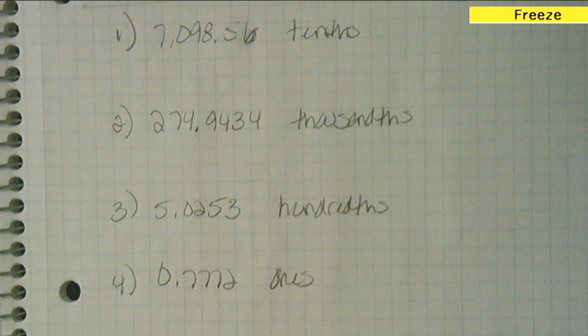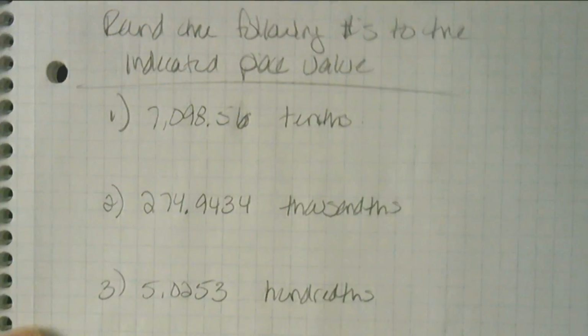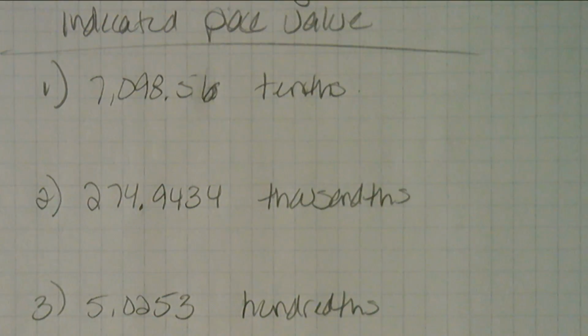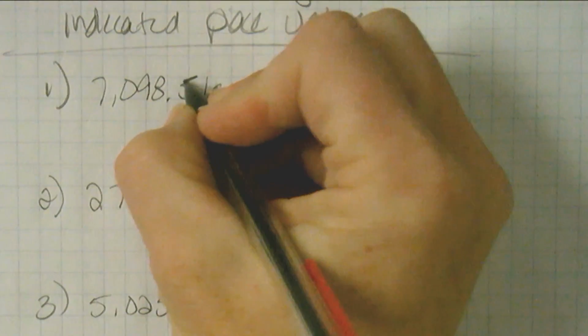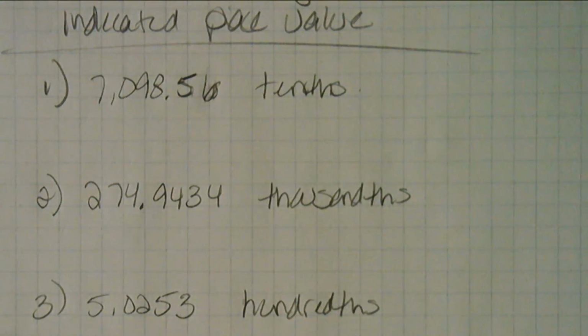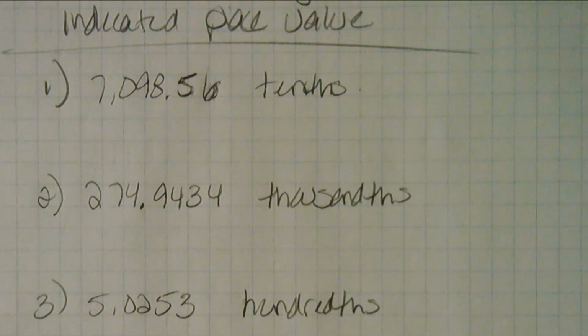Alrighty. Okay, let's do that first one. All right, I'm rounding to the nearest tenths. What digit right now is in my tenths place? Come on. What digit right now is in my tenths place? Audrey? The 5. So what should I round this number to if I'm rounding to the nearest tenth?